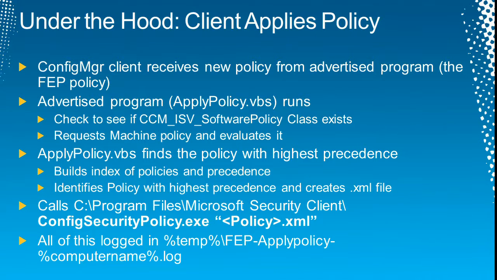Once the XML file has been created, it calls ConfigSecurityPolicy.exe, passing it the complete path to policy.xml. If you're having problems and need to figure out what's going on, the FEP apply policy, then the computer name .log file records all the actions taken by applypolicy.vbs.